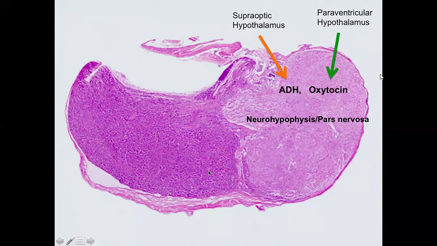Okay? So, in the neurohypophysis or the pars nervosa, walang hormone na napoproduce. Okay? The antidiuretic hormone and oxytocin are produced in the hypothalamus. The ADH is produced from the supraoptic hypothalamus, while your oxytocin is produced from the paraventricular hypothalamus.